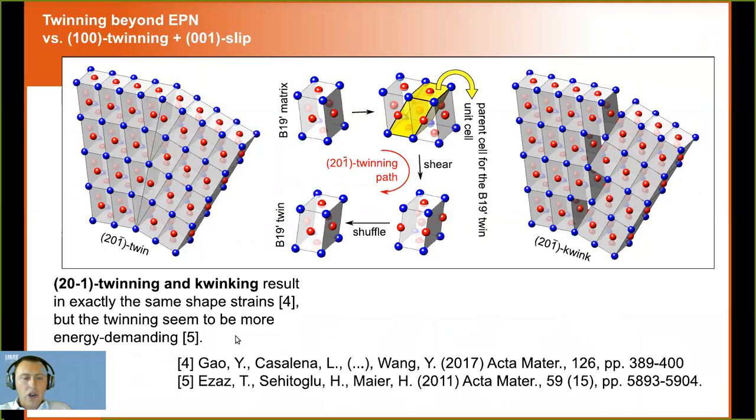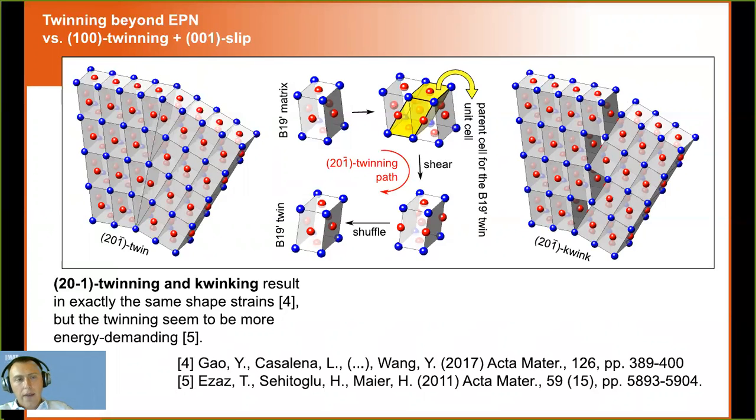And somehow, as shown in this paper by Huseyin Sehitoglu and his co-workers, and in some other papers, this twinning path seems to be quite energetically expensive, while for the kwink, we are just using two relatively energetically cheap mechanisms, which are 100 twinning plus the [001] plastic slip in martensite, which are both commonly observed in B19 prime martensite.